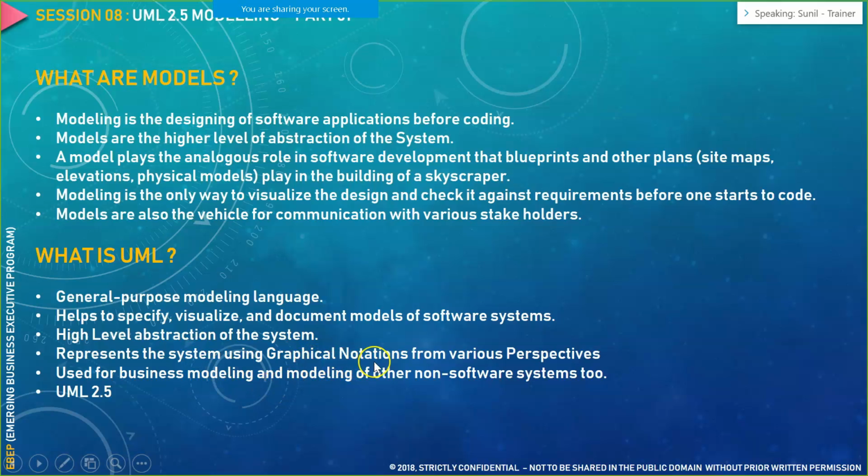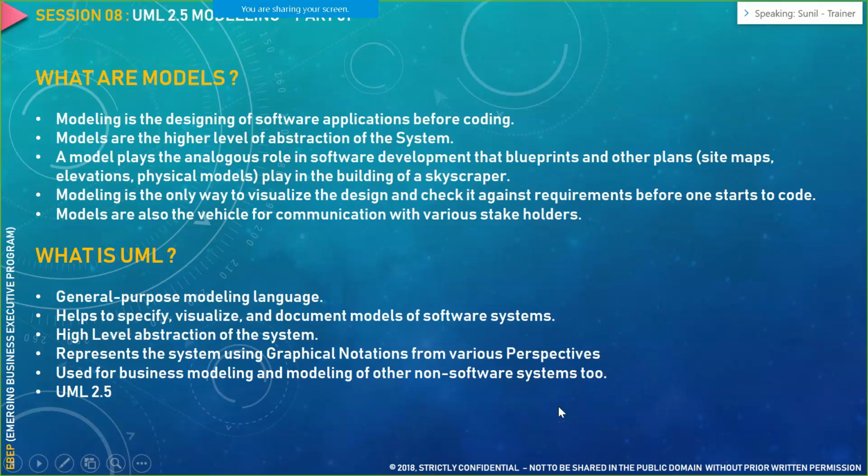Now, like I said, it's a graphical notation and it has various perspectives associated with it. We create a graphical structure when it comes to UML modeling. We depict the system in a graphical format rather than writing those 100-200 lines of plain requirement. Now, it is used for business modeling and modeling for other non-software systems too.